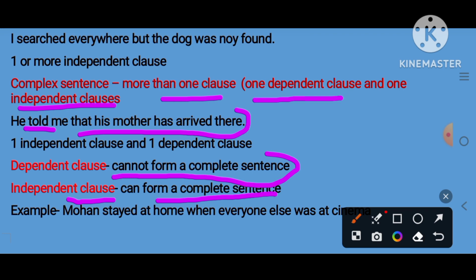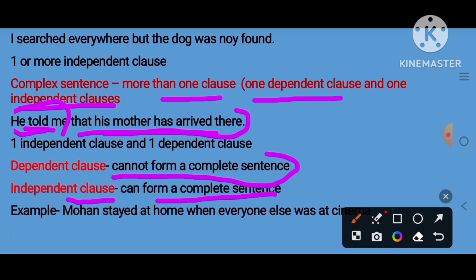So how can we identify the complex sentence? If in between the sentence there is that, who, when, what, we can say that it is a complex sentence. Look at this. He told me that his mother has arrived here. In this sentence, one is a dependent clause and another is an independent clause.